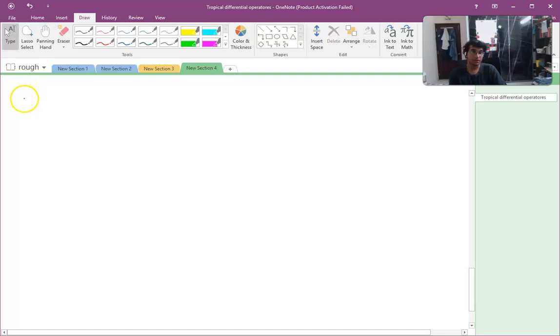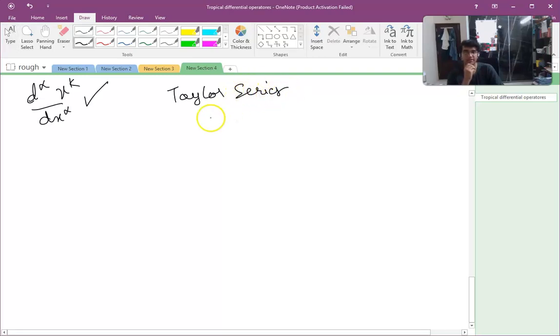Now we're going to talk about the Taylor series, and that's our next ingredient. So we know how to take the derivative of d alpha dx alpha of x to the power of k. Now the next ingredient of our new way of defining fractional derivatives for a general function is the Taylor series. So what is the Taylor series?